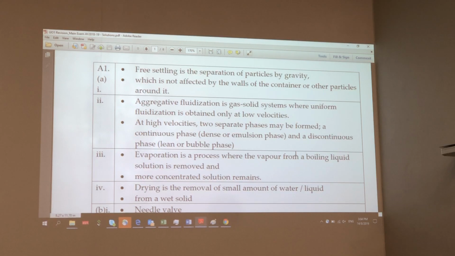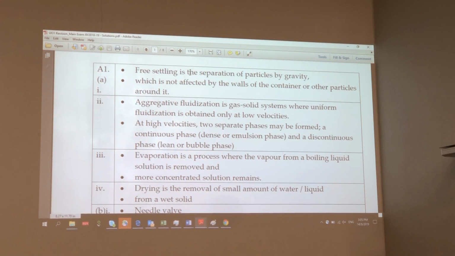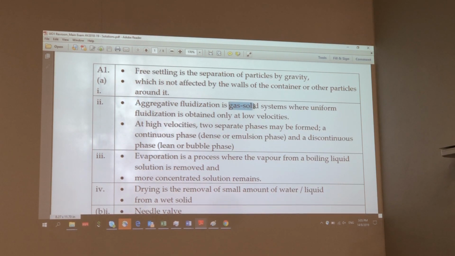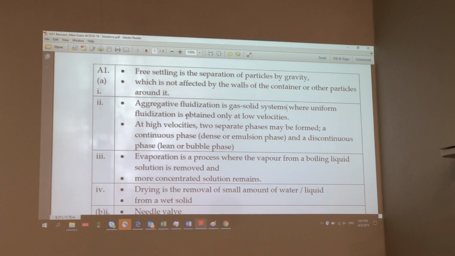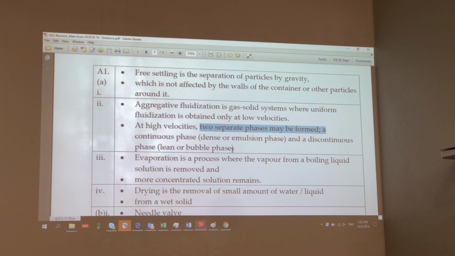It's just a numerical answer. Okay, so for answers on aggregative or particulate fluidization, please mention which system this is usually for. For example, this one is for a gas-solid system, where uniform behavior will only be observed at low velocity, but at high velocities, two separate phases can be formed.